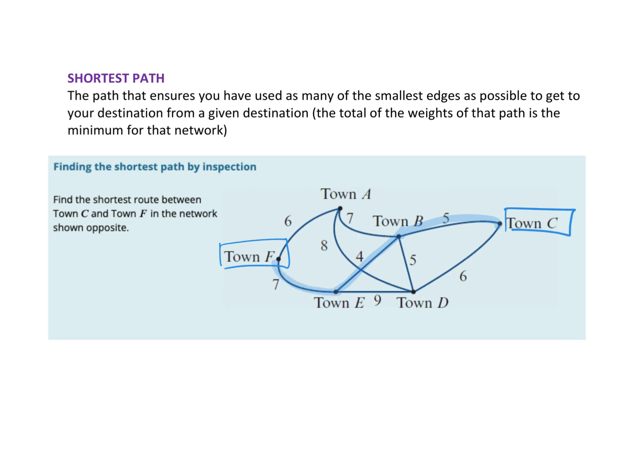That would be 16. So I went from C to B to E to F, and that was 16. Is there a shorter one? Is that the shortest path?